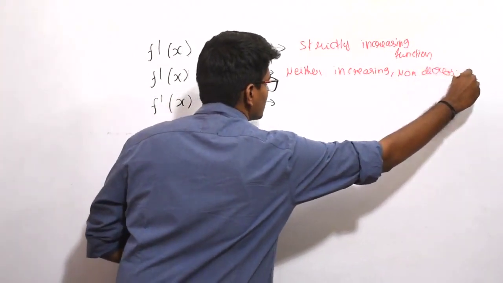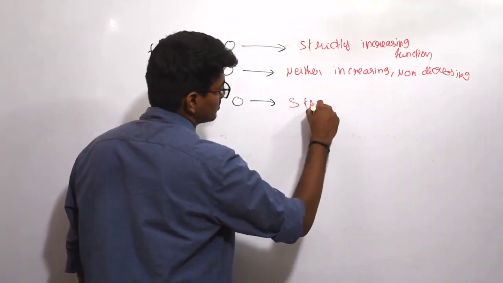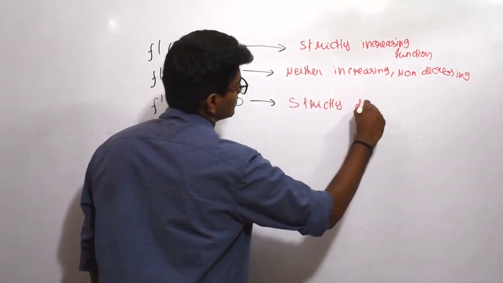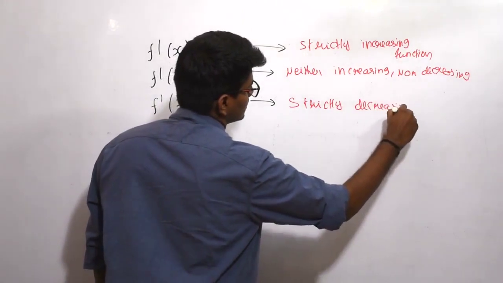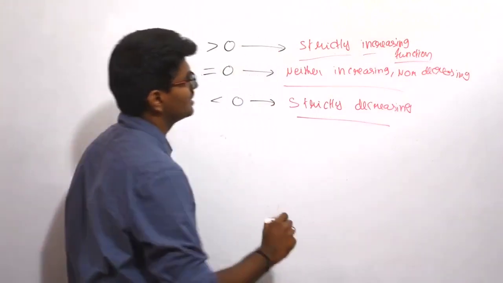And finally, if f dash of x is less than 0, it is strictly decreasing. So I hope this has cleared your concept on increasing and decreasing functions.